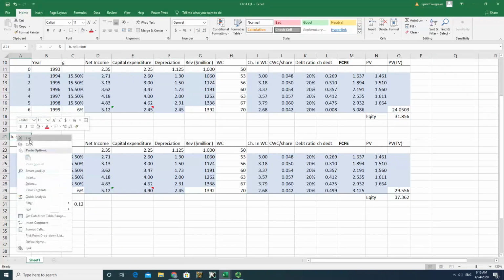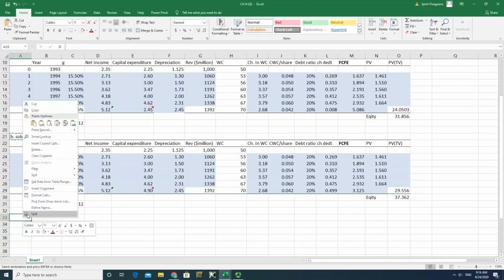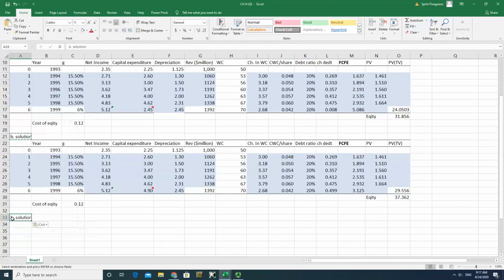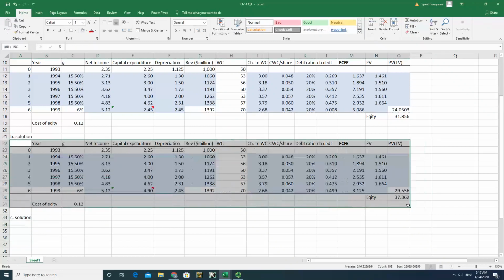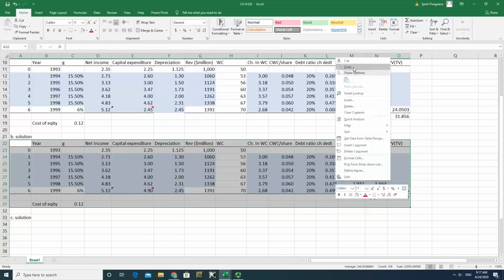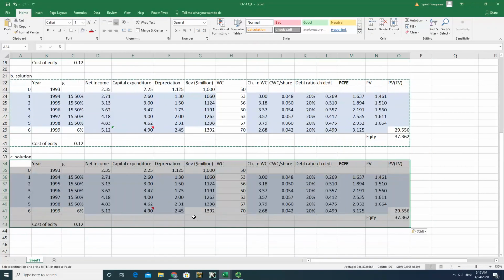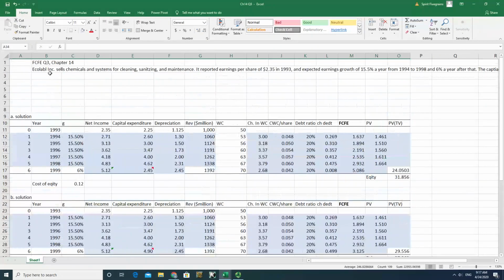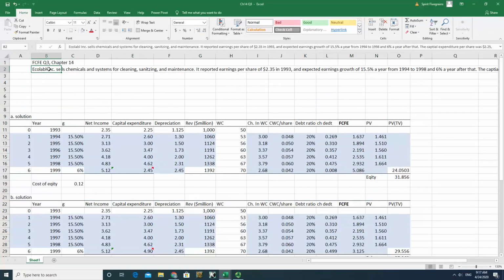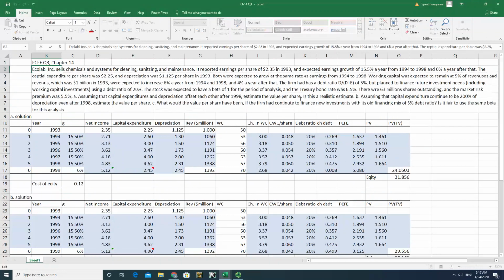Okay, solution C. Copy this. Paste. Solution C. Let's see what the assumption for question C is.